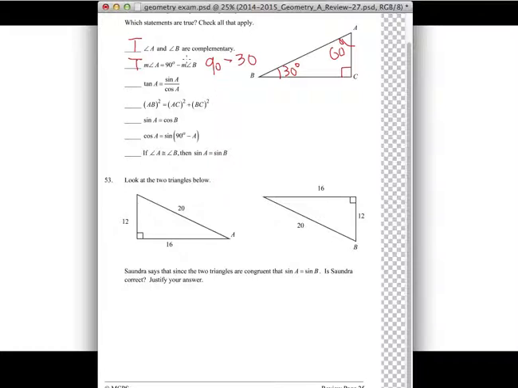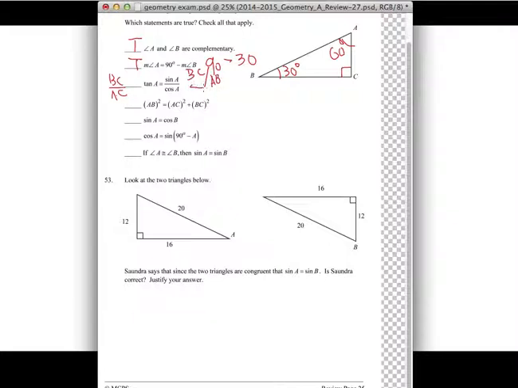The tangent of A is opposite over adjacent, which is BC over AC. Then sine A is opposite over hypotenuse, so it's BC over AB.